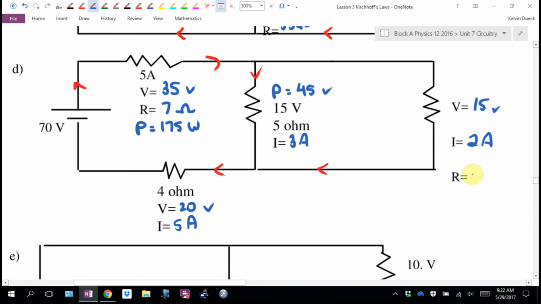Here, the resistor is V over I at 7.5 ohms, and the power loss going through there is 30 watts. And the power loss going through here is 100 watts. Is that right?